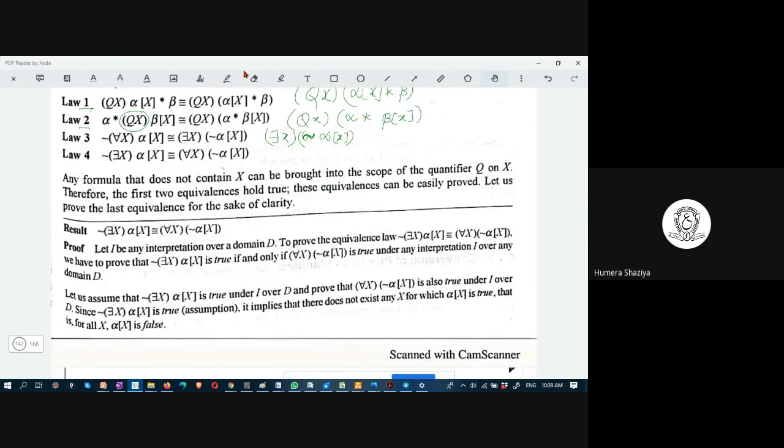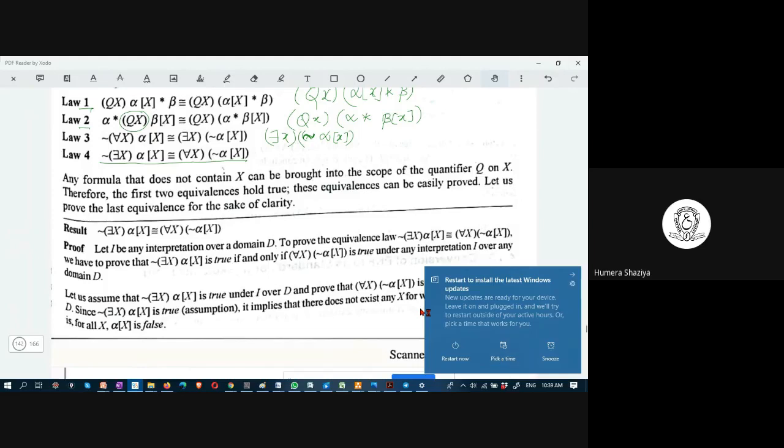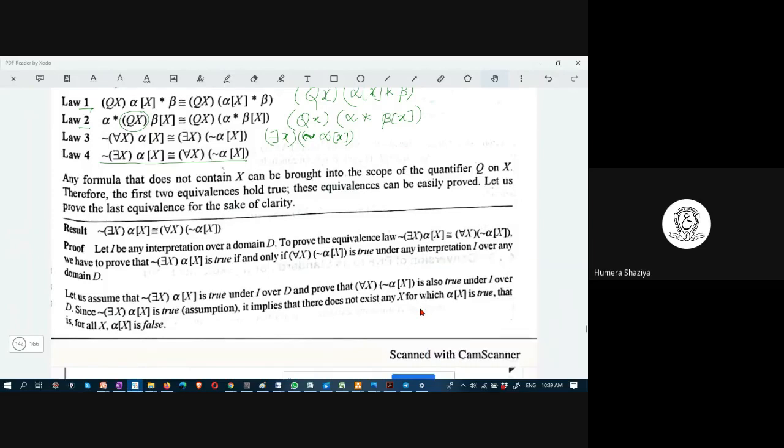Is it clear? Prove the last equivalence for the sake of clarity. This last equivalence law can be proved, which is specified here. This is the law, and the proof is: let I be any interpretation over the domain D. We have a domain, and there is an interpretation given over the domain.